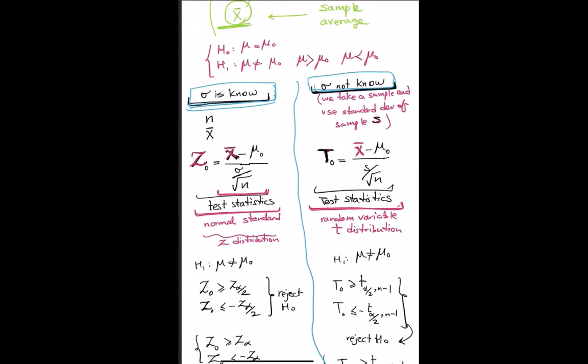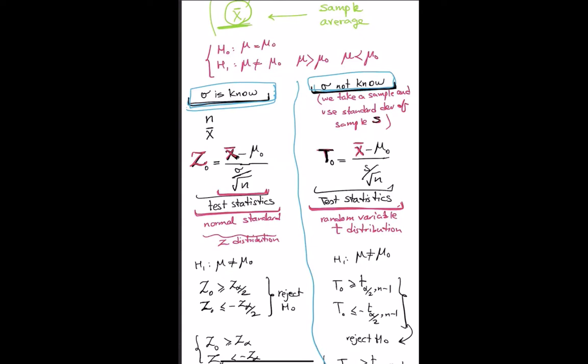The standard deviation of the population, or sigma, is given to us. Which one of the formulas, on the right side of the blue line or the left side of the blue line, do I have to pick? Left side. On the left side.